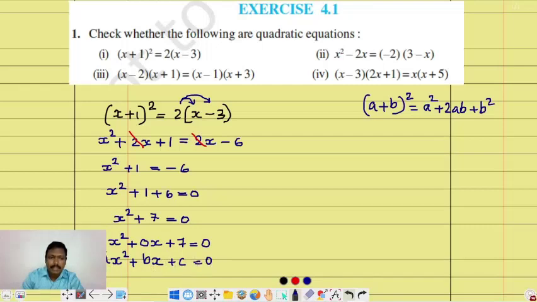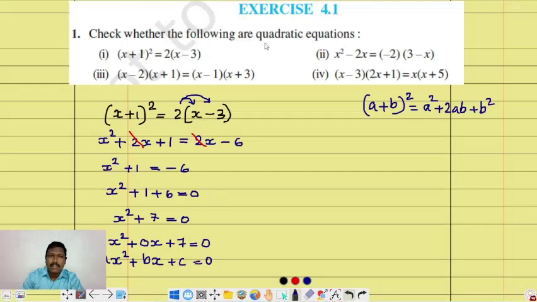In place of a we have 1, so 1x squared plus 0x plus 7 is equal to 0. After simplifying, we can change it into the form of ax squared plus bx plus c equal to 0, so we can say this forms a quadratic equation.